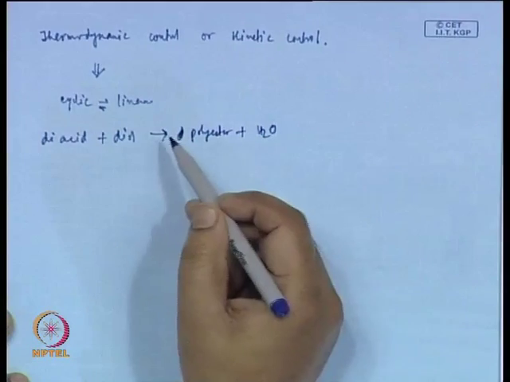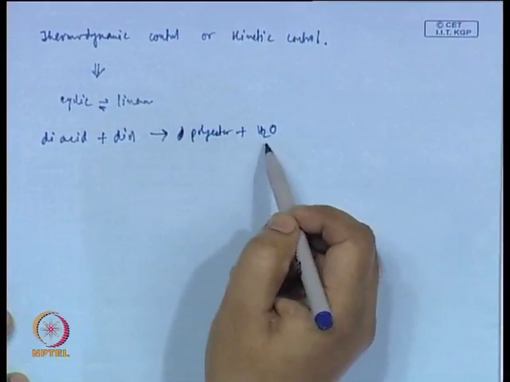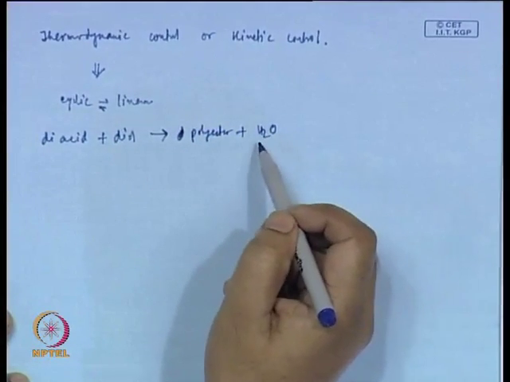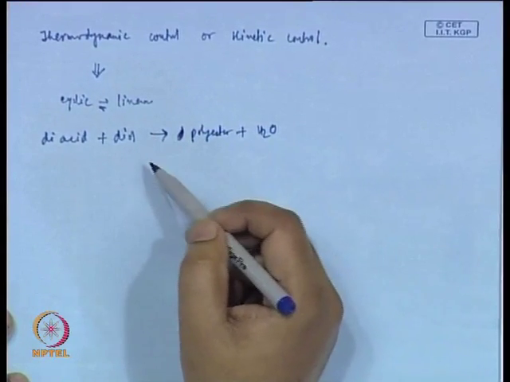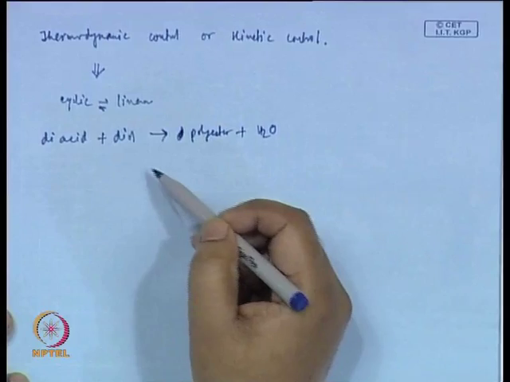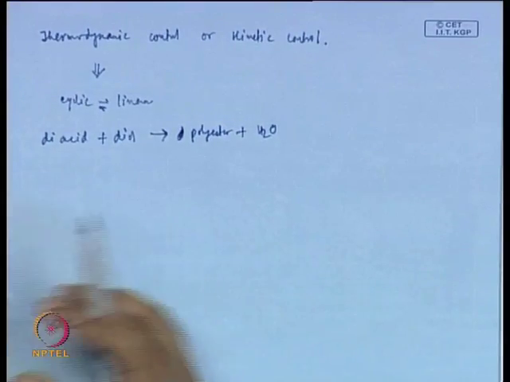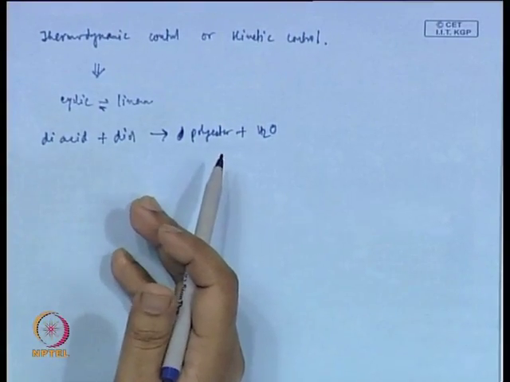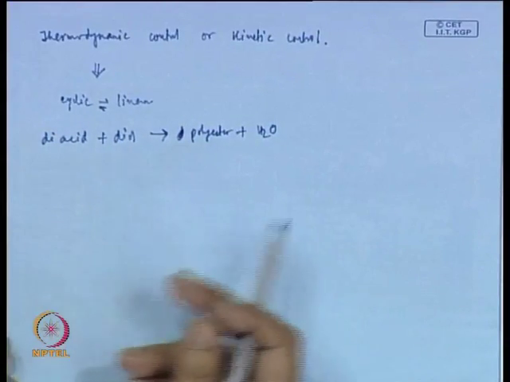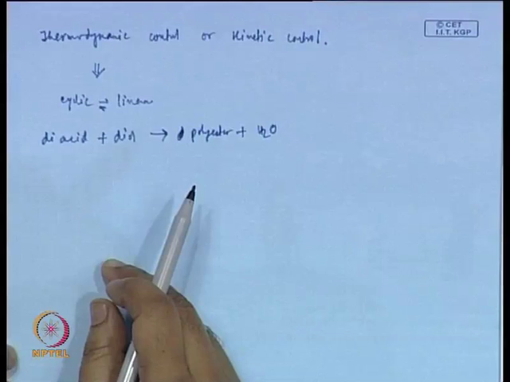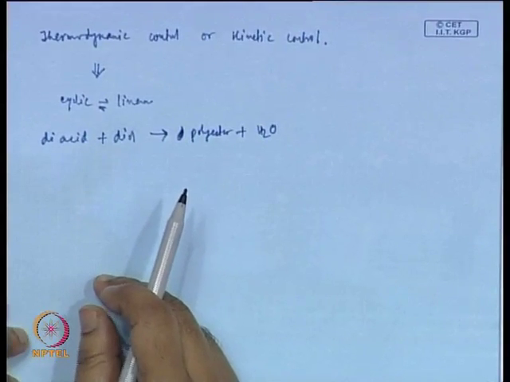Now, as you can see, as long as H2O is present in the medium, it can take part and hydrolyze the cyclic molecules, so that the cyclic molecules open up and take part in further linear polymerization, and new small cyclic molecule formation takes place and so on.